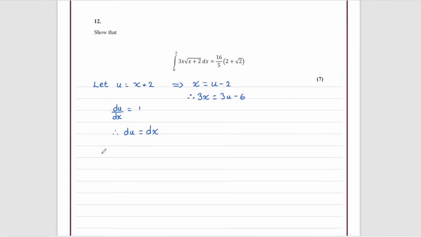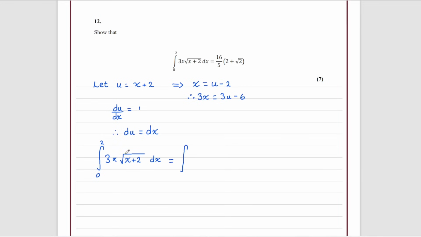So we've got the integral then of 3x. Let me write down the original integral. So we've got 3x multiplied by the square root of x plus 2 with respect to x from 0 to 2. Okay. Now, I'll come back to the limits in a moment. We'll transform those in a second.